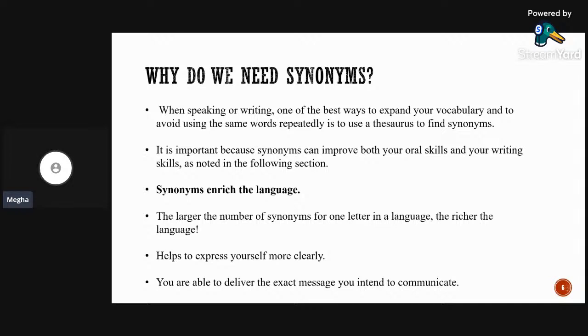Even when the opposite person cannot understand certain words, if you know the synonyms, you can easily make the other person understand, right? So that is important. That is the main reason behind it. You're able to deliver the exact message you intend to communicate. You will have those words in your mind, and you will know what to express, or how to make that other person understand.